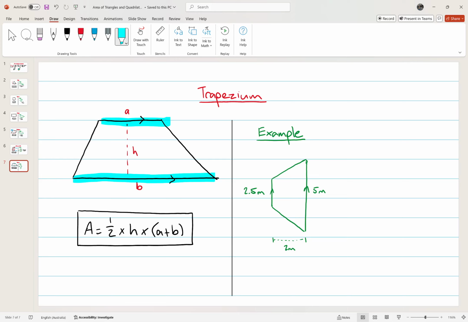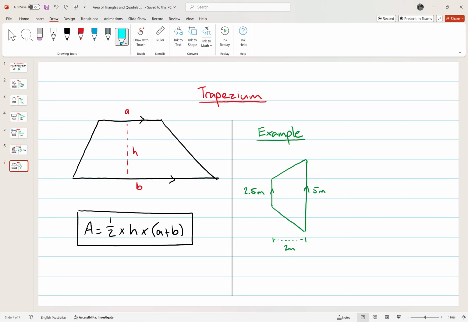We're going to call those two parallel sides A and B. Doesn't matter which one's A, which one's B. And then we're also going to have the height of that shape. Basically, just like what we've seen with all the other ones, we're talking about the perpendicular height. It needs to be hitting at 90 degrees. So with those three numbers, the way that we find this is we do half times the height times the sum of those two parallel sides.